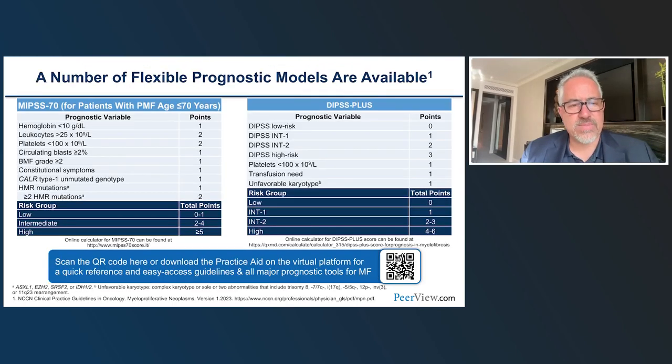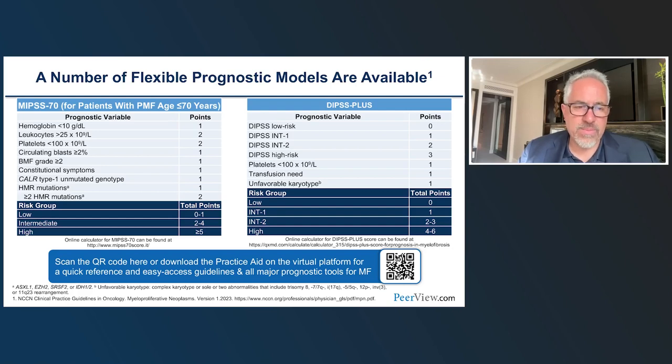With these prognostic models, I'll highlight two of them. There are more, but I think these are useful for the majority of individuals. On the right side, you have the DIPSS-Plus, which looks at symptoms, blood counts, and karyotype to come up with a prognostic value.